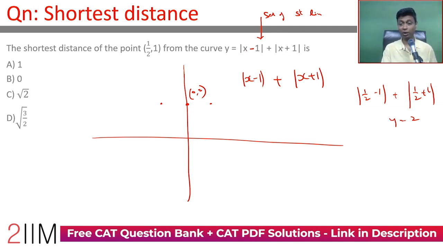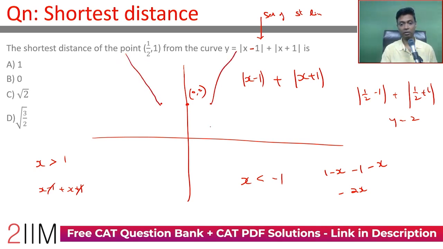I'm going to break this into 3 segments. When x is greater than 1, this will be x minus 1 plus x plus 1, which is 2x. When x is less than minus 1, this will be 1 minus x minus 1 minus x, which is minus 2x. So this will be a line like this here and a line like this here.